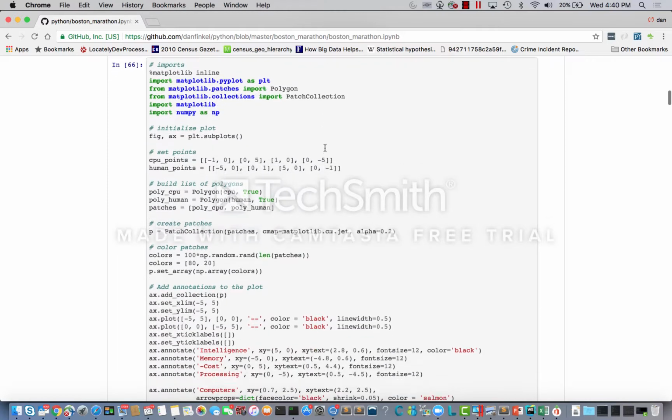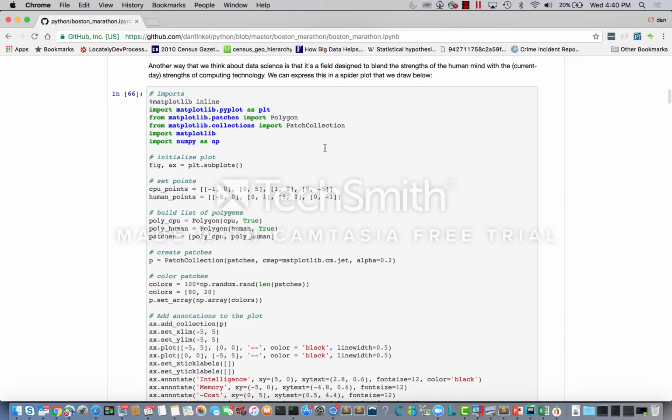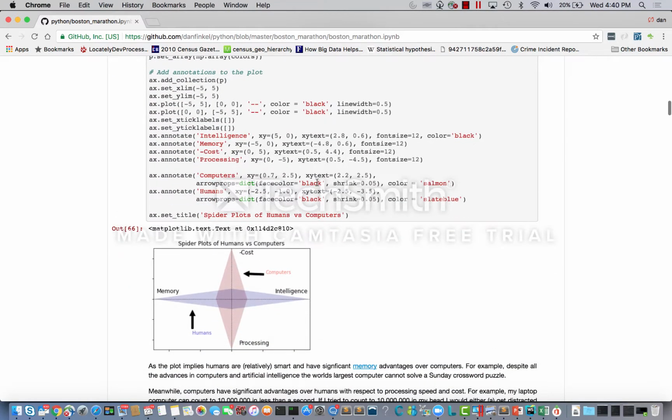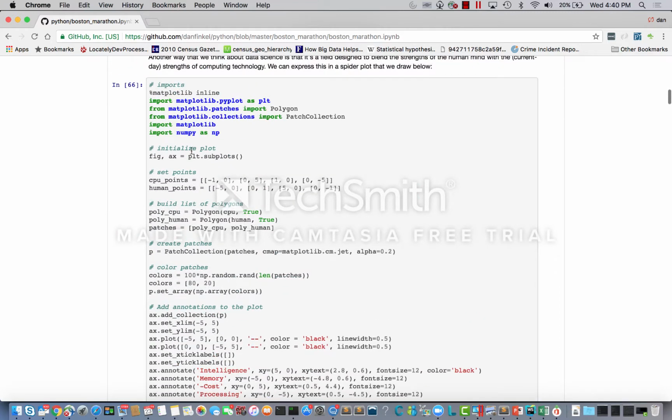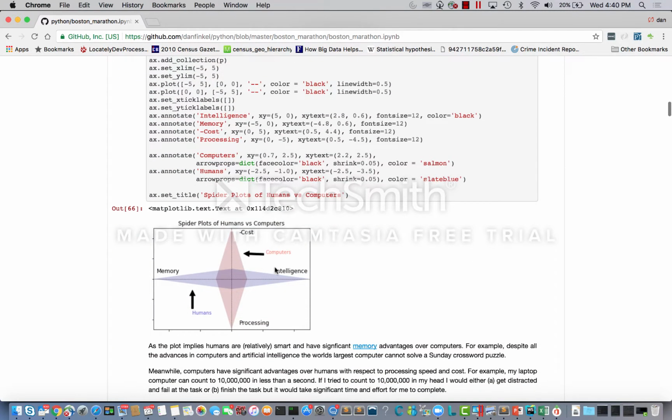The last point I wanted to make about data science, another way I tend to think about it, is that data science is filling the gap in the trade space between humans and computers. I thought I would draw a plot of that, which is shown down here below. Up above, we have a set of code. I'm not going to walk through this set of code, but please do so at your leisure.